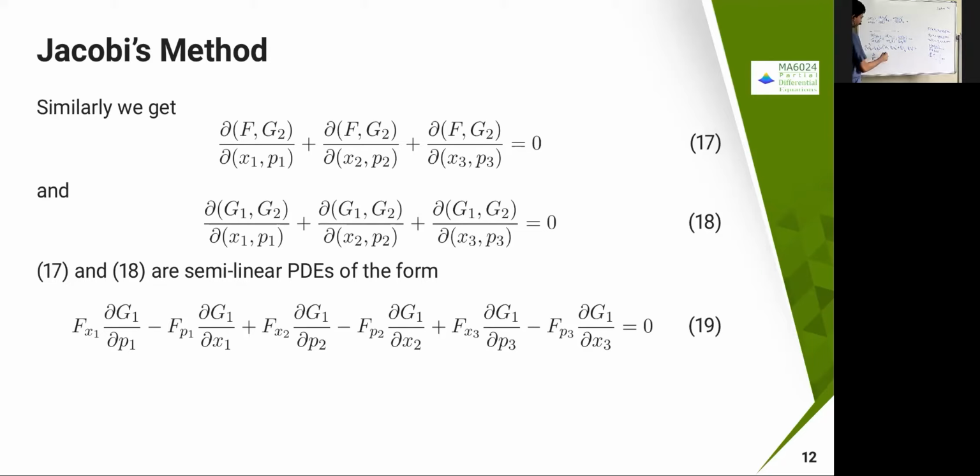Similarly, this is going to become dP2 by dx2, and this is going to become dP3 by dx3, equal to, if I consider all the x variables, dx1 by minus fp1, dx2 by minus fp2, equal to dx3 by minus fp3.